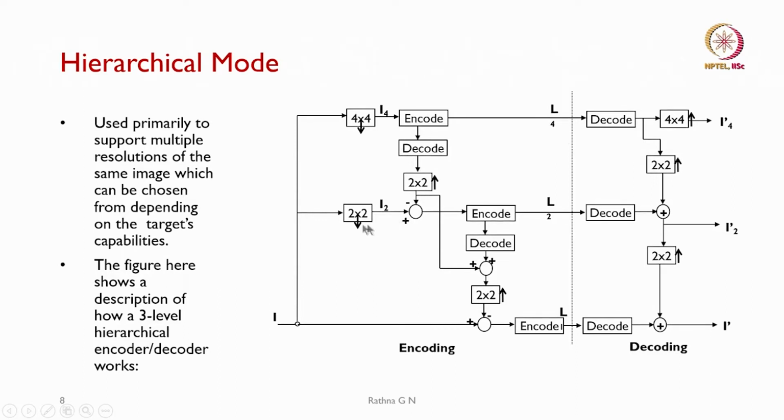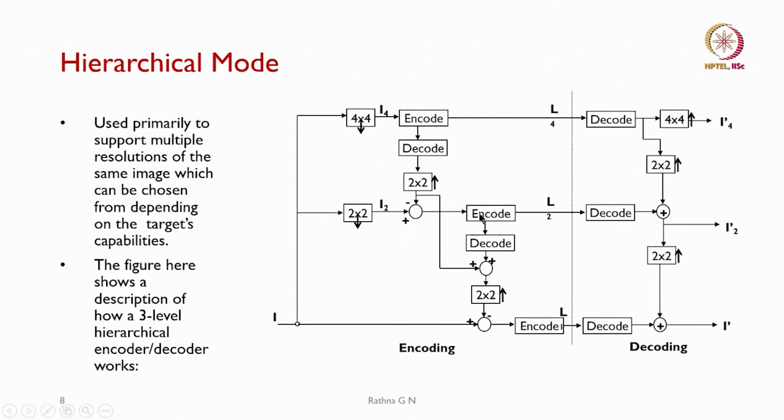The next 2 by 2 image you have taken, you call I2, then find the difference between these two. You encode this value, call it L2, and transmit it.